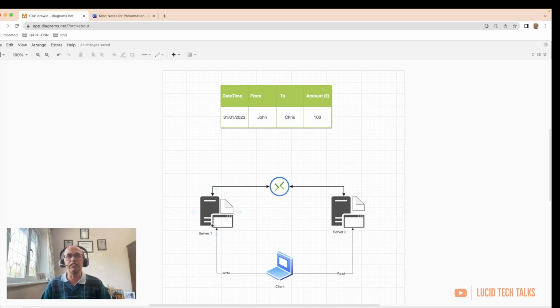So what we are saying here is that this state, this information, is consistent across both the servers. So we have consistency in there. They both are saying the same state, the same information. So whether the client asks server number one or server number two, the client is going to get back the same answer because the state on the servers is consistent.